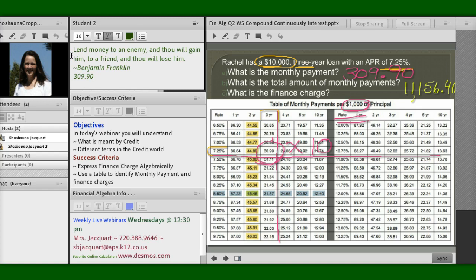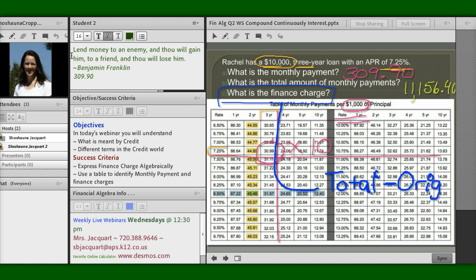So let's calculate the finance charge for that. Do you know how to calculate the finance charge? We're going to go ahead and do it old school. Let's go for blue. For the finance charge, you take the total minus the original.